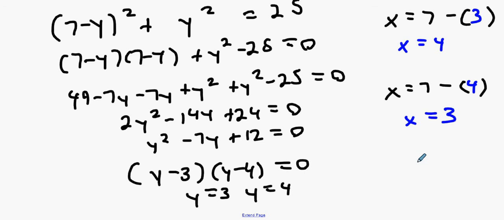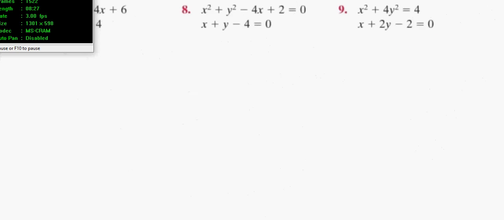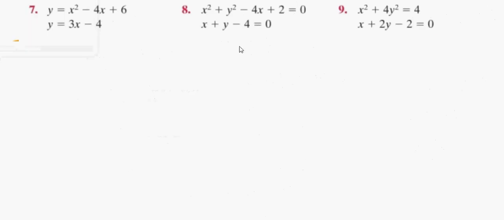Now you're moving on to question 8, okay? Question 8. We'll just get x on its own, will we? So what happens when you get x on its own, Evan? X equals 4 minus y. That's the linear. Now you go to the quadratic.